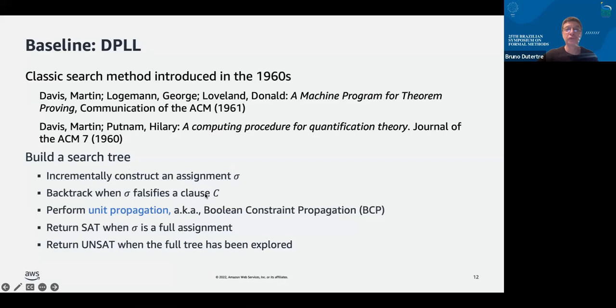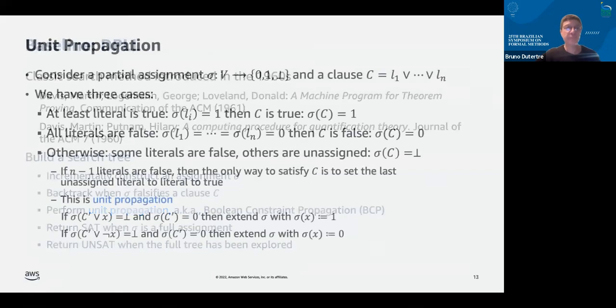If you get to a falsified clause, if your current assignment makes one clause false, then you know it's not correct. You have to backtrack and try something else. And that's essentially the algorithm. You finish when you reach a complete branch in your search tree, so you have a full assignment, or you return unsat when you have explored the whole tree. So that was essentially how CDCL started.